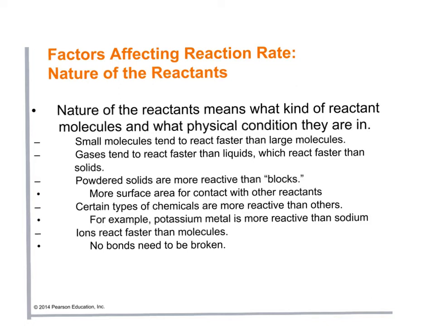Gases are going to react generally faster than liquids, and liquids react faster than solids. Powdered solids are going to be more reactive than solid blocks. More surface area means that there's more potential for reactants. Certain chemicals are more reactive than others. Okay, potassium metals are more reactive than sodium metals. Ions generally react faster than molecules. And that's usually because bonds do not need to be broken.